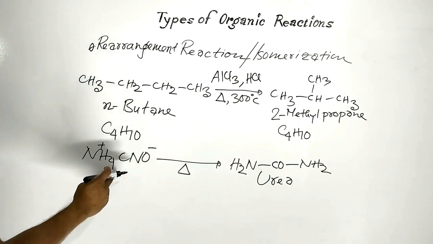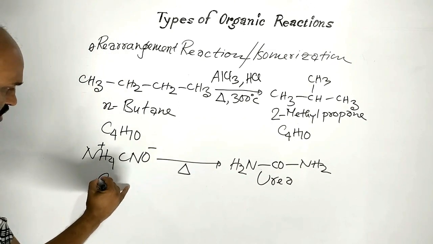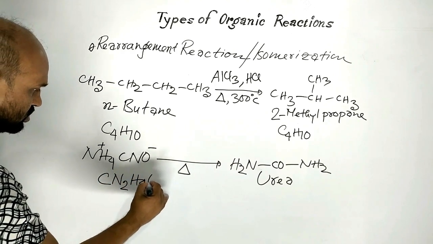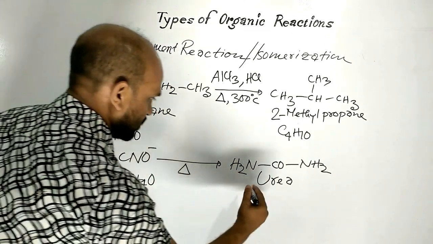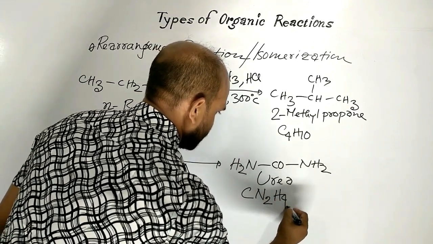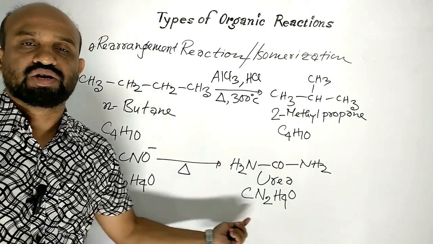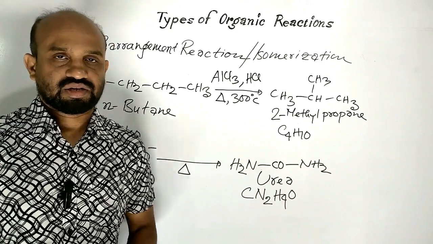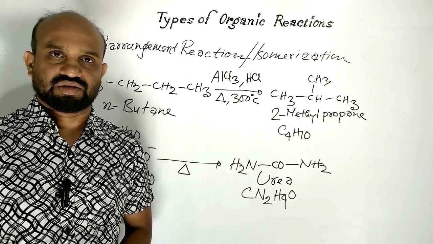In this case, molecular formula of ammonium cyanate is CN2H4O. Here as well, same molecular formula, carbon, nitrogen 2, hydrogen 4, oxygen. Compounds with same molecular formula. Only rearrangement occurs. That is why this is a kind of rearrangement reaction or isomerization.